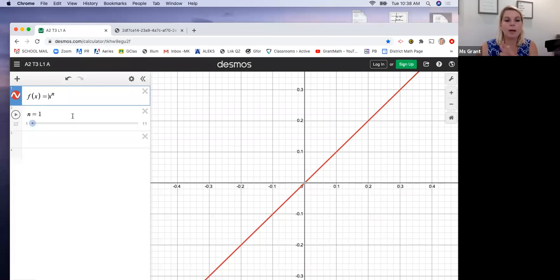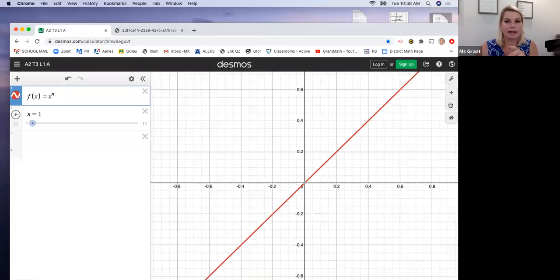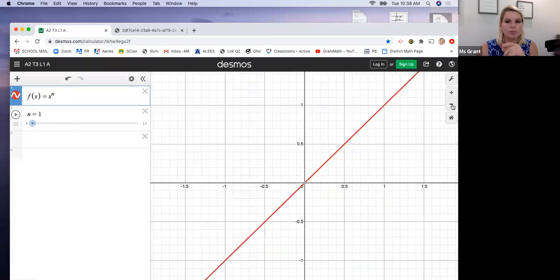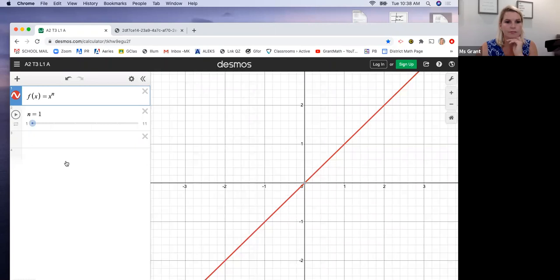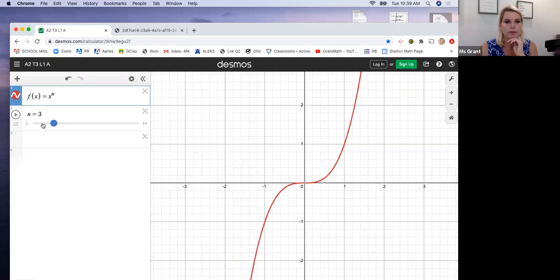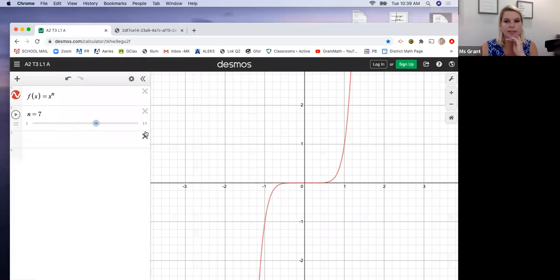So right now we're going to do a positive leading coefficient, x to the n. Now I'm going to press this play button, and I'll zoom out. There we go. And you're going to see what happens when the graph is to the first power, third power, fifth power, seventh.